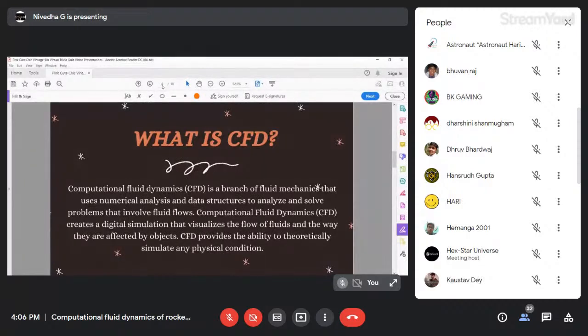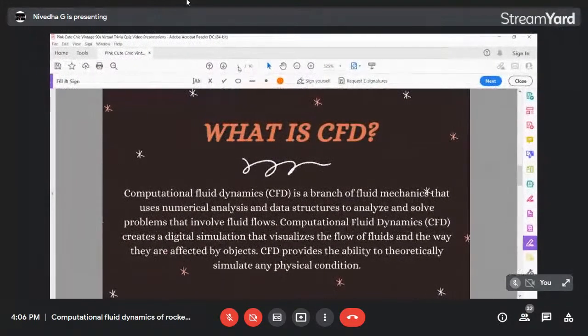You want to know how your flow goes inside your nozzle, so you use CFD. I hope it's clear. So this is the very basic of what is CFD.